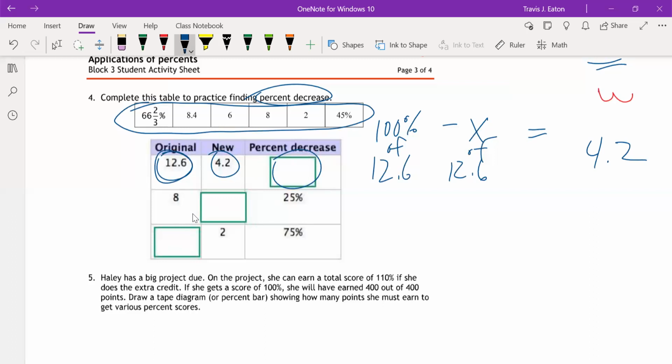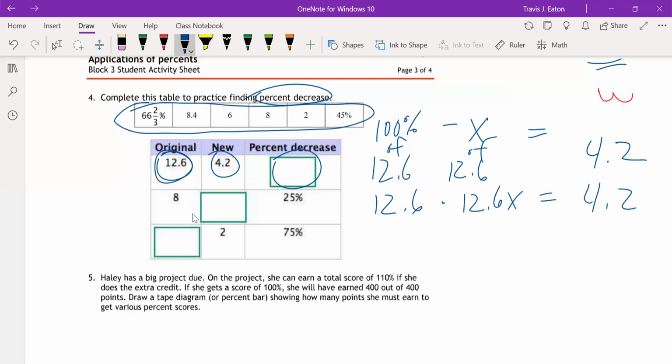Now, there is a really slick and easy way to do this, but I don't want to get to that point yet. We're going to earn it. So 100% of 12.6 is, of course, 12.6. Now, what is x multiplied by 12.6? That's 12.6x.